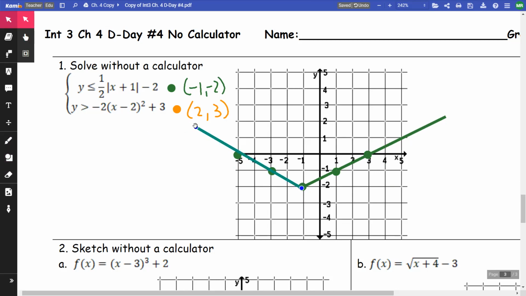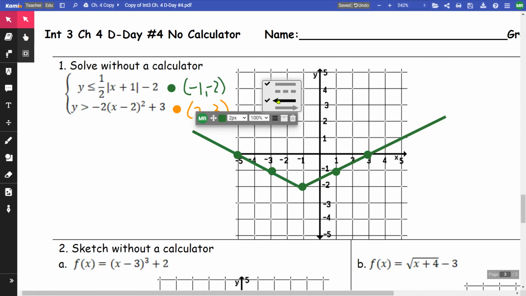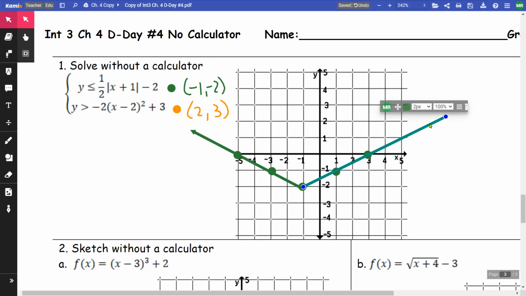And I'll just adjust this one a little bit down.